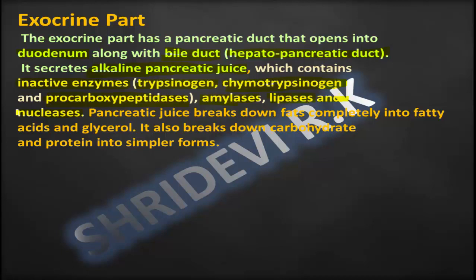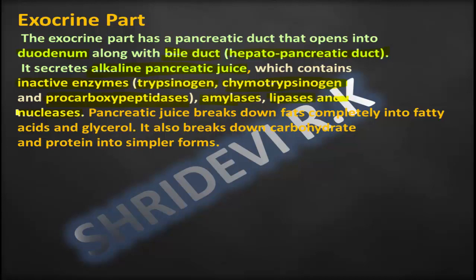All these different types of enzymes are present in the pancreatic juice: the three protein-digesting enzymes trypsinogen, chymotrypsinogen and procarboxypeptidase, plus amylase, lipase and nuclease.